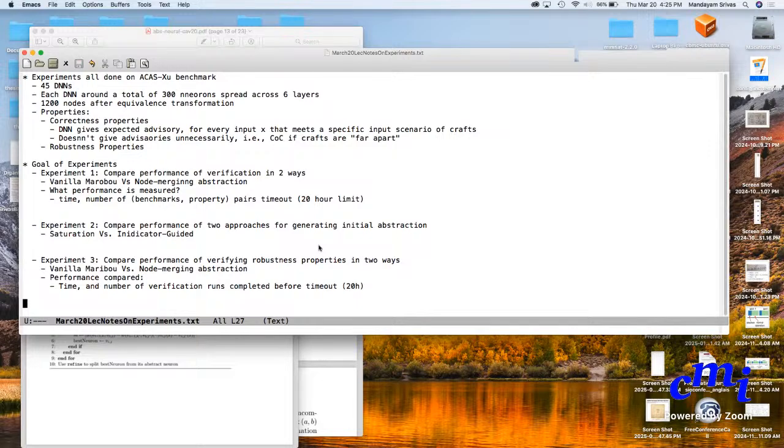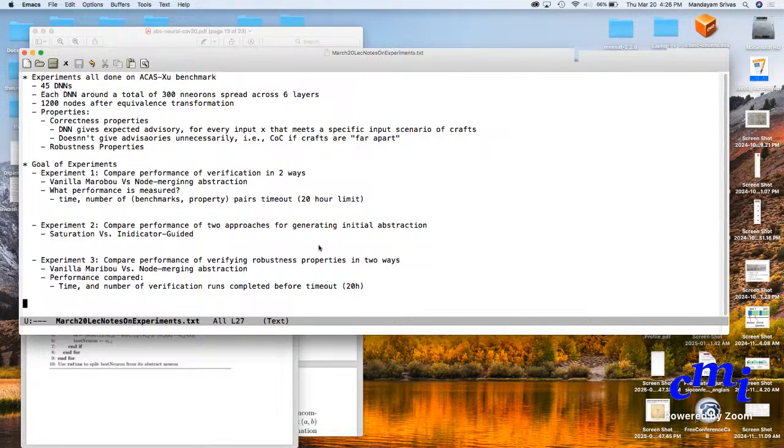The properties, as I described last time, are of two kinds. First, correctness properties, which formalize that the DNN gives the expected advisory for inputs that correspond to certain specific input scenarios of the positions of the two aircraft. What was expected was specified by consulting some domain experts, and that's how it was formalized.